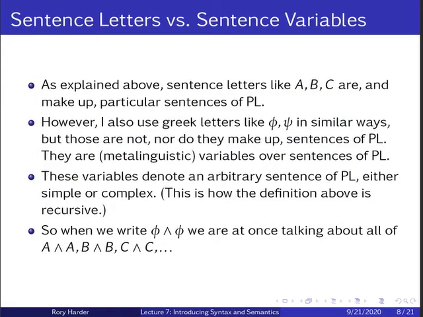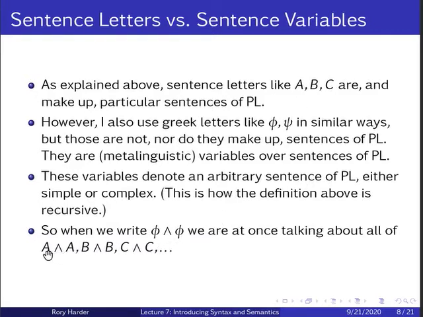So again, phi and psi are variables which denote arbitrary sentences of our logic. So when we talk about phi and psi, we're actually talking about arbitrary sentences where phi is replaced by a particular sentence letter or a sentence.